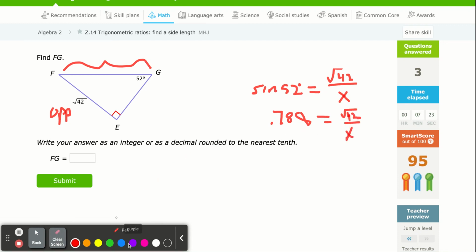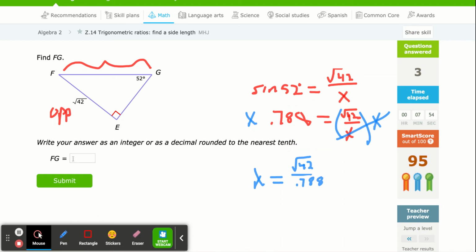Multiply both sides by x to get the x out from the denominator, and then divide by 0.788. So x is equal to the square root of 42 divided by 0.788. I do that on my calculator and round, which gives me an x value of 8.22. But it says round to the nearest tenth, so 8.2.